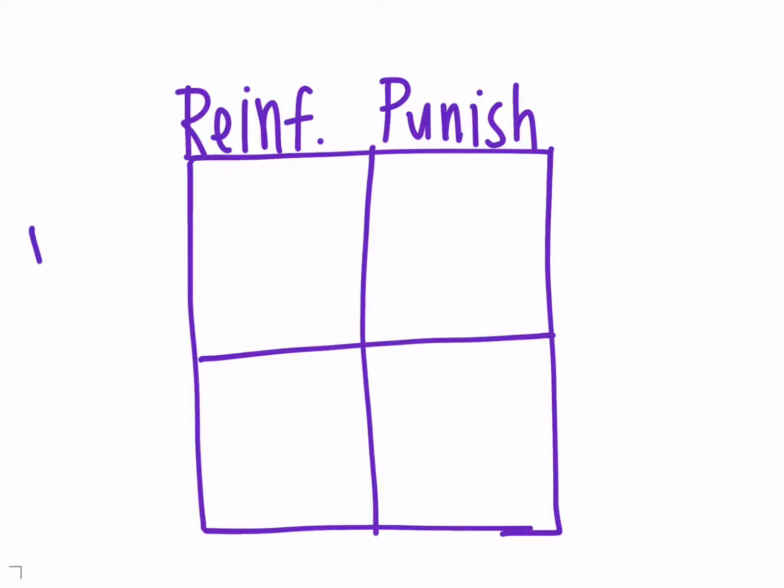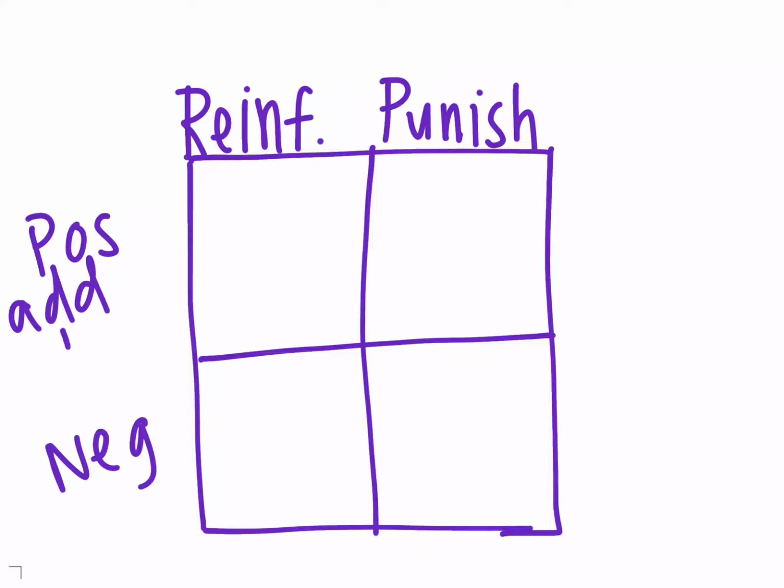So we can have a positive or negative. And much like I said in the previous example with classical conditioning, we're really thinking of math here. Whenever you see positive, you're thinking add, a plus sign. And whenever you see negative, you're thinking subtract. You're thinking a negative sign.